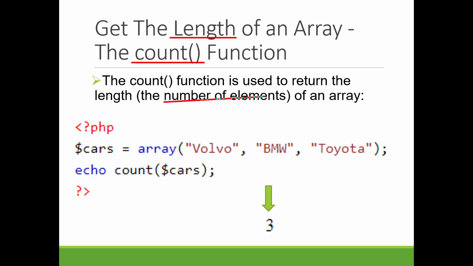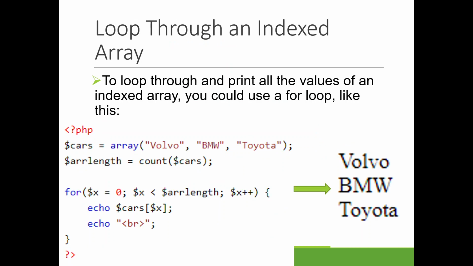It's used to return the number of elements in an array. So here we've declared an array called cars. We've assigned it 3 values. And therefore, if we echo count cars, it's gonna output the value 3 because this array has 3 values. So that's important, and you're gonna see why in our practical.